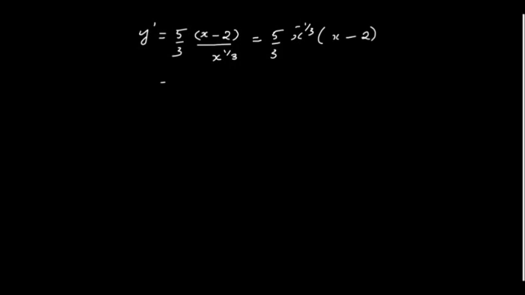So I again write it as 5 by 3 x raised to 2 by 3 minus 10 by 3 x raised to minus 1 by 3.